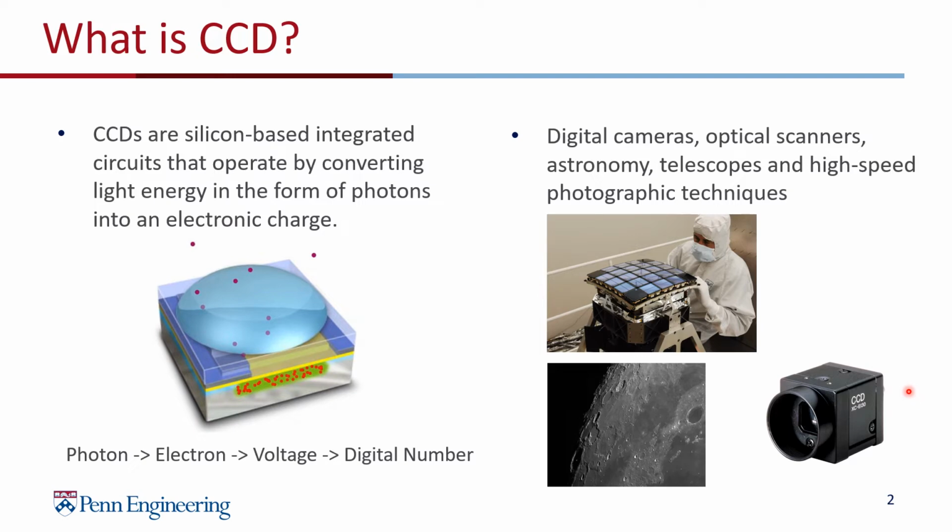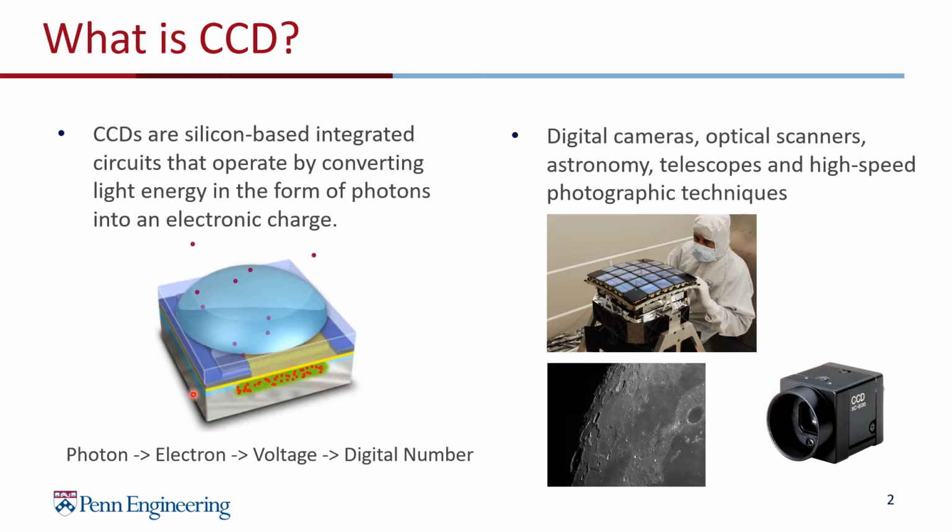What is CCD? CCD is a device that can convert the analog signal of a light image into a digital signal. This picture is a simplified structure of one pixel in the circuit. CCD is made of thousands or even millions of these in an array, like a matrix. The purple dots here represent photons. Photons pass through the lens and interact with the silicon structure beneath.